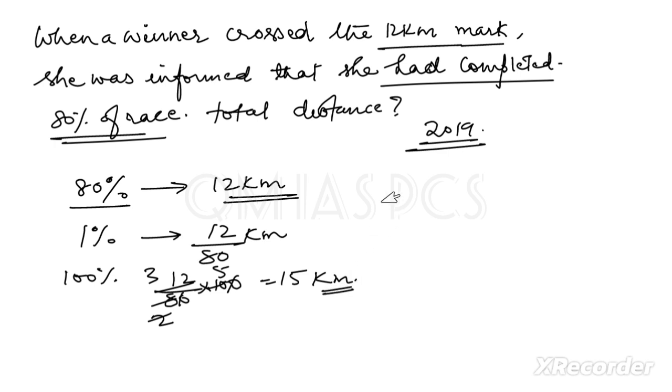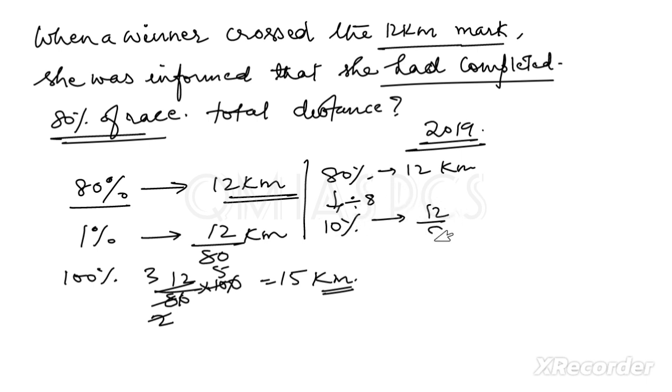Okay, second method, in terms of percentage only, 80% is given as 12 kilometer. We can say what is the 10 percent. 10% means divided by 8. Just divide this by 8, this much kilometer. Now multiply it by 10 to get 100 percent.